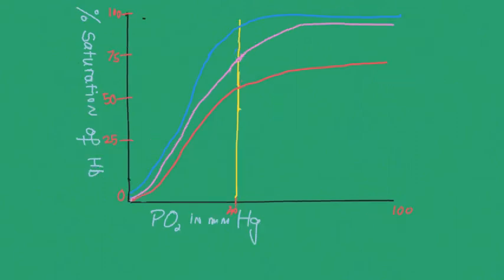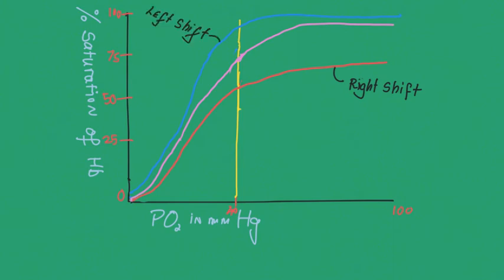This graph represents the dissociation of oxygen from hemoglobin in 3 different situations. The pink line represents the normal dissociation of oxygen from hemoglobin. The red line is shifted to the right of the normal, and the blue line is shifted to the left of the normal.